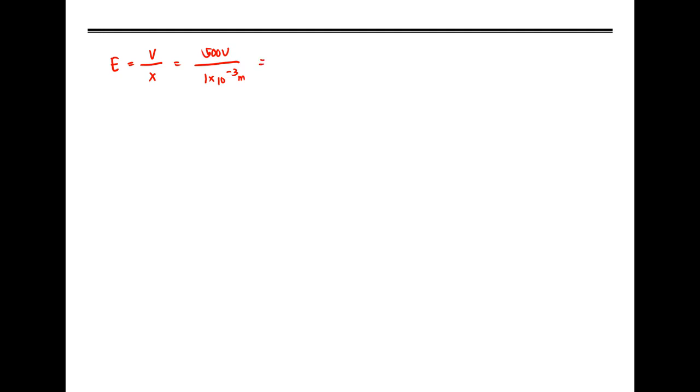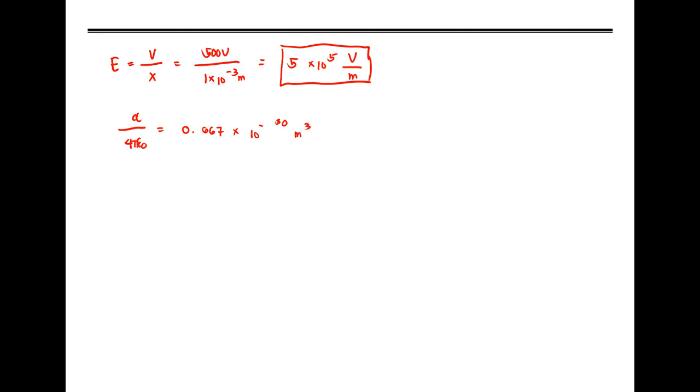So the electric field is equal to 5 times 10 to the 5, with units of volts per meter or newtons per coulomb. Okay, so this is now the electric field. Now from table 4.1, we have alpha over 4 pi epsilon naught equal to 0.667 times 10 to the negative 30 meter cube.